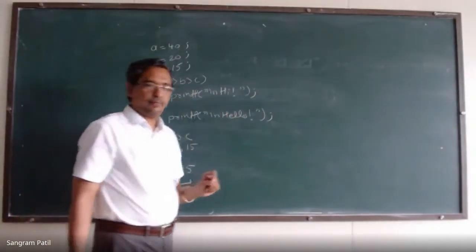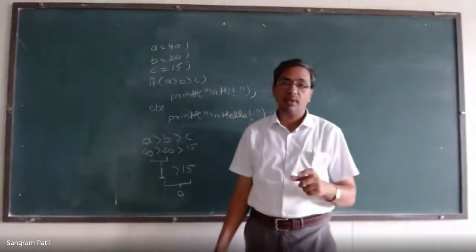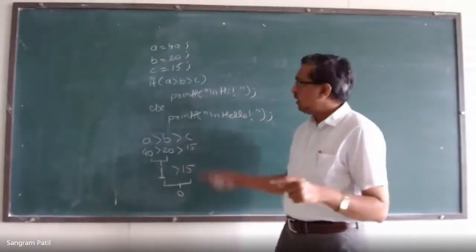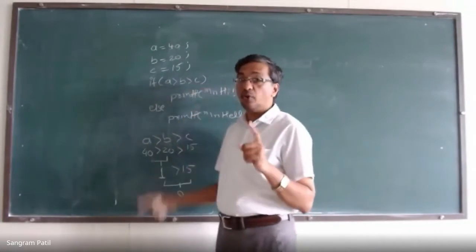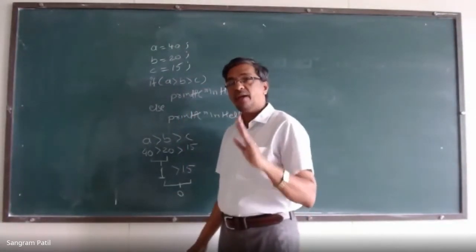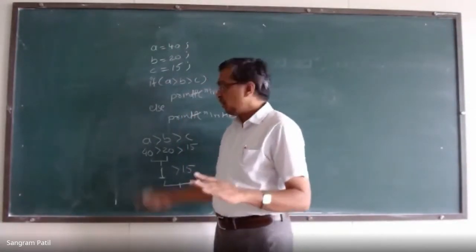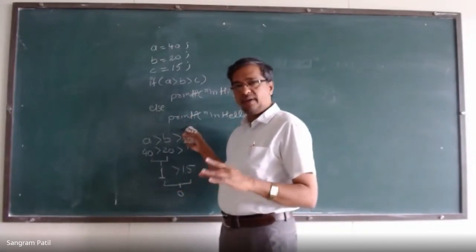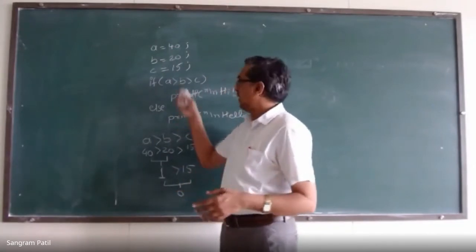In if else, whenever you are using if else, if the bracket evaluates to 0, it will execute the else part. In all other cases, it will execute the if part.